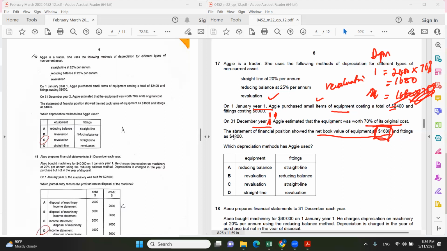Okay, now come to this one. What method do we use? At the beginning you have 8,000. If I'm using 20%, I should get 1,006. Take the 1,006: my net book value is 8,000 minus 1,006, so I will get 6,004. But this is not the amount that I get.